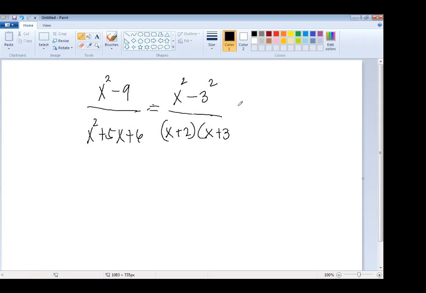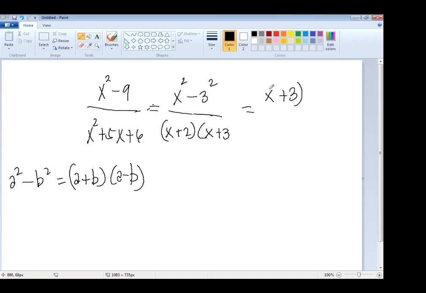Remember, a squared minus b squared gives us a plus b times a minus b. So in this case, we now have x plus 3 and x minus 3 divided by x plus 2 and x plus 3.